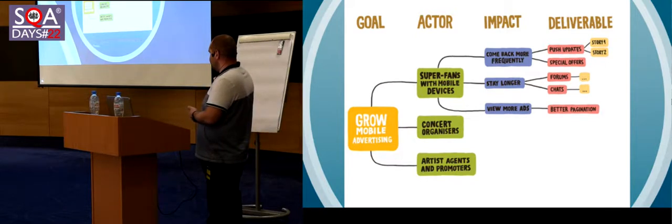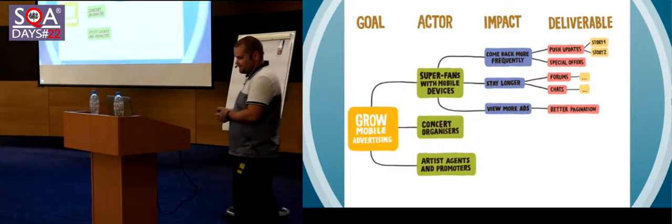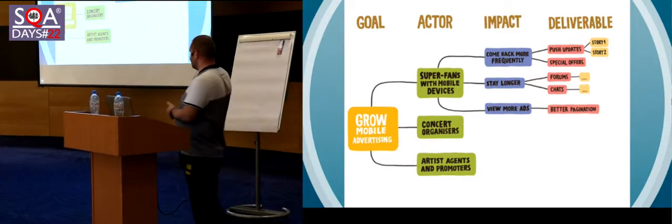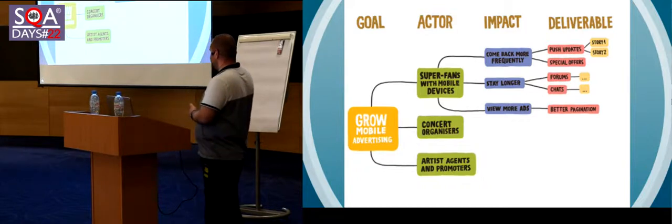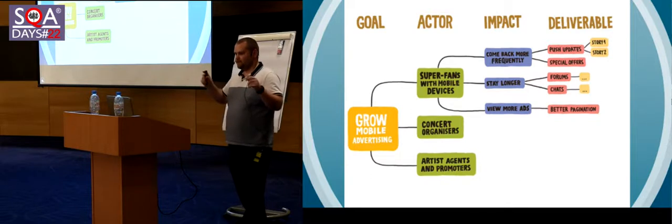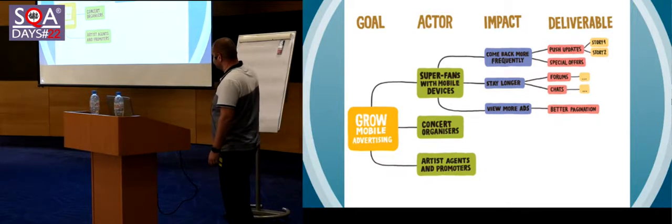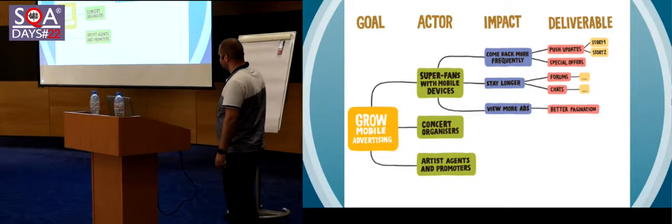You can find more on this link, but impact mapping is about connecting our deliverables with our goals. And we have mind maps, impact mapping, so it's about finding the map between these.